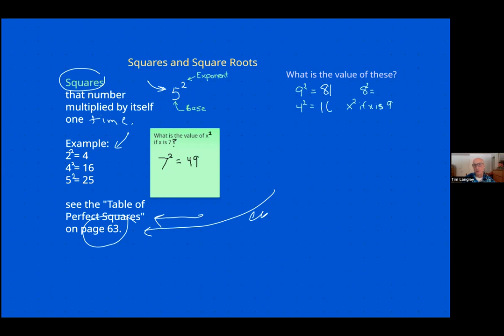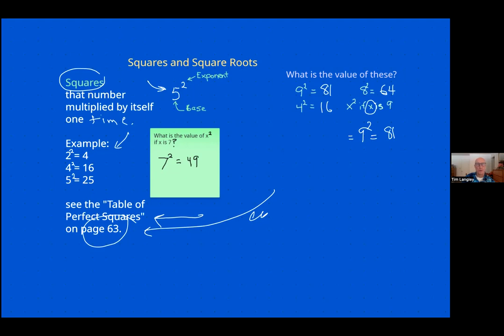And let's look at this problem at the bottom. It says x squared. What is the value of x squared if x is 9? Well, that just means 9 squared, right? If x equals 9, it equals 9 squared, which equals 81. So if x is 9 and it's squared, it's 81.